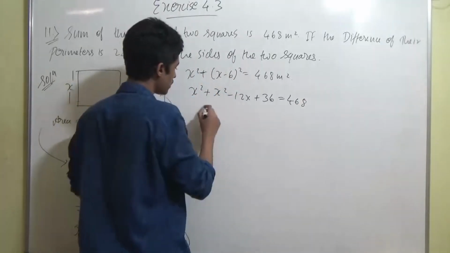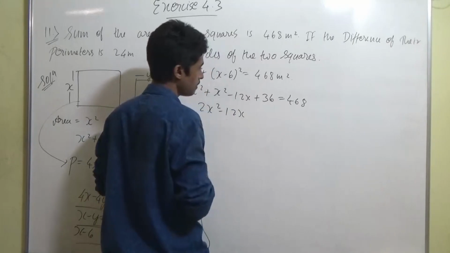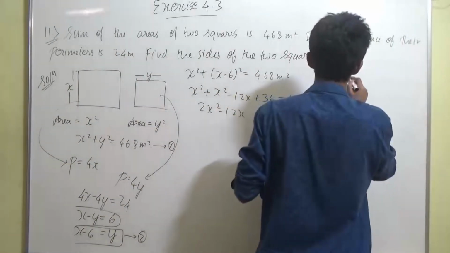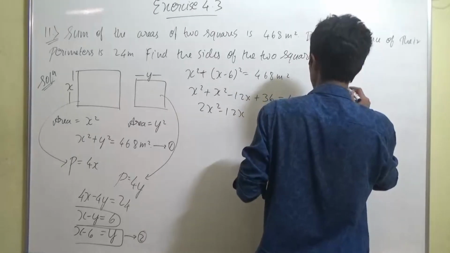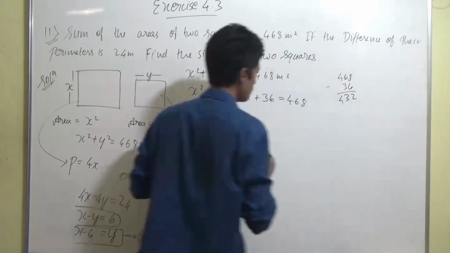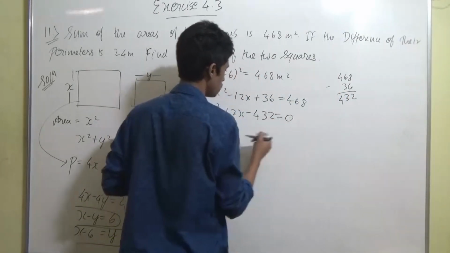Now I'll club the x square terms together: it will become 2x square, and minus 12x will be the same. And when 468 comes to the LHS, it will become 36 minus 468, which is minus 432, equal to 0.